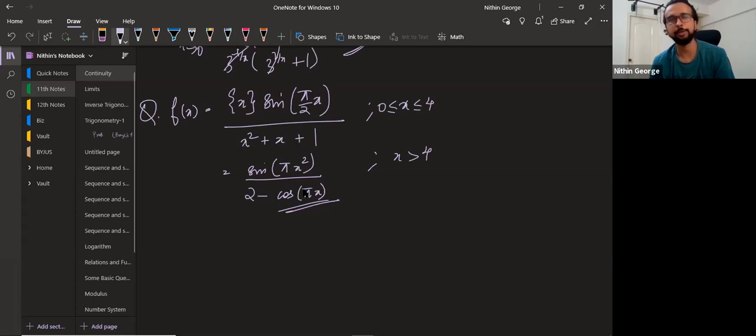First, you check discontinuity wherever the definition of the function is changing, and that is at x equal to 4. That's the clue I'm giving you. The definition of the function is changing at x equal to 4. So just check there first.